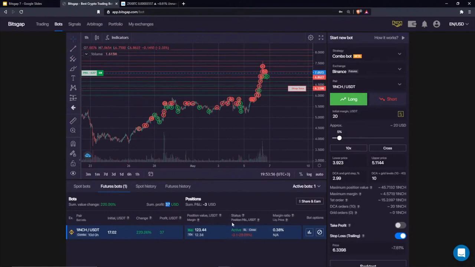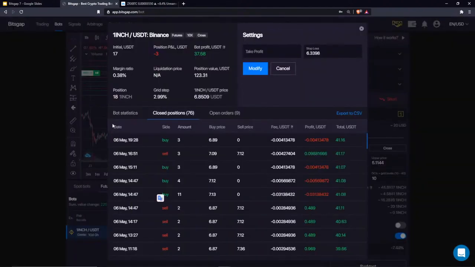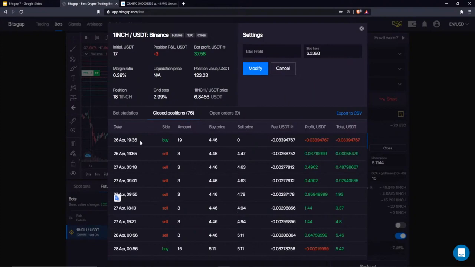So right now my open P&L is -3, but still I end up having a return of $37. That's because of the bot profit generated on this rally. If you click here, closed orders, let's see the latest time we had. Here we go.